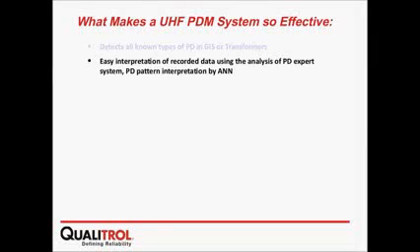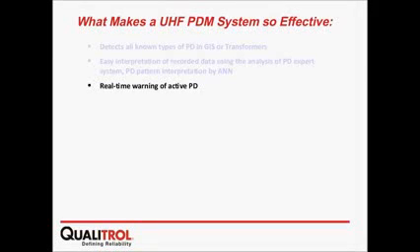With those events, we created a pattern to identify what is a corona, what is a particle, what is a void. So whenever you are measuring, we compare with this data bank and show you this can be a void, this can be a particle. So it helps the user to interpret the data. This is one of the differentiations of Qualitrol and DMS.